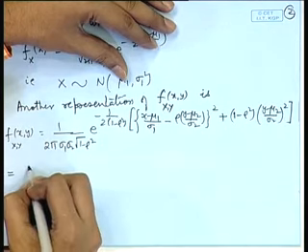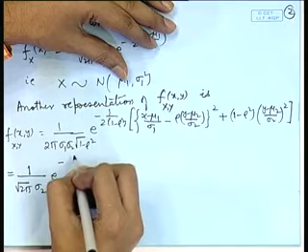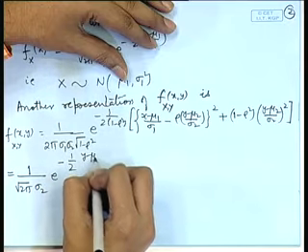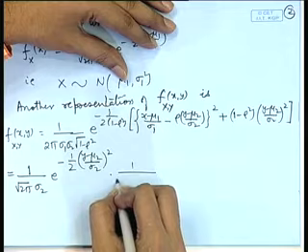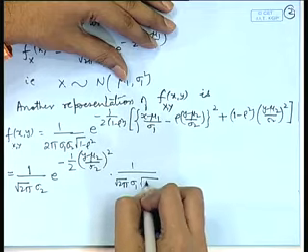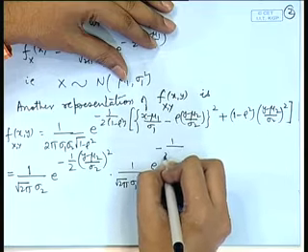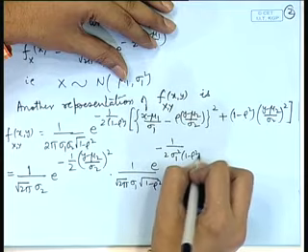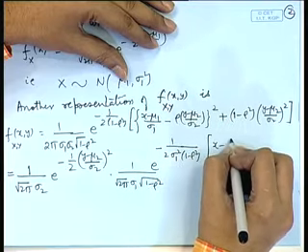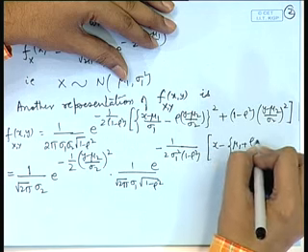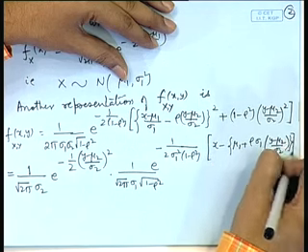So, we can write it as 1 by root 2 pi sigma 2 e to the power minus 1 by 2 ((y minus mu 2) by sigma 2) whole square, times 1 by root 2 pi sigma 1 root 1 minus rho square e to the power minus 1 by 2 sigma 1 square (1 minus rho square), and (x minus mu 1 plus rho sigma 1 (y minus mu 2) by sigma 2) whole square.